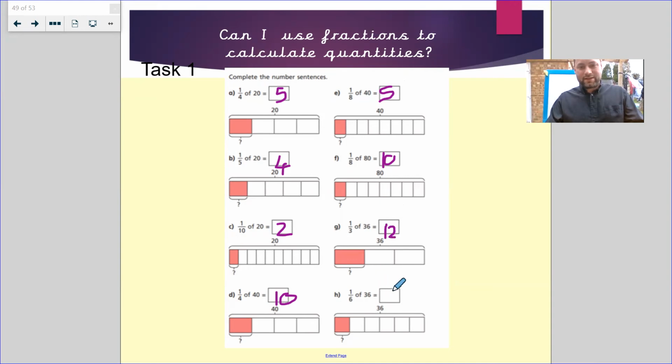And 1/6 of 36 is equal to 6. And you can use the bars to check. For example, if this is 4, 4, 8, if this is 5, 5, 10, 15, 20.